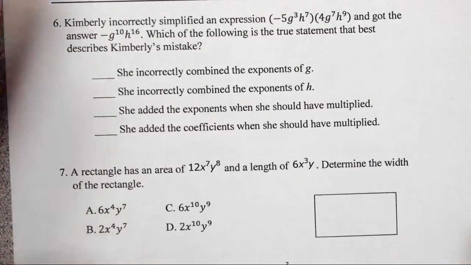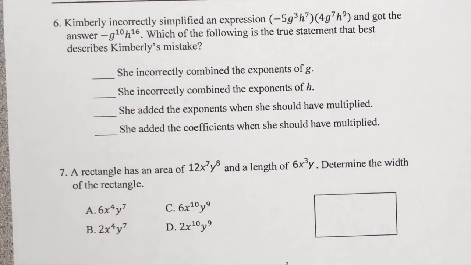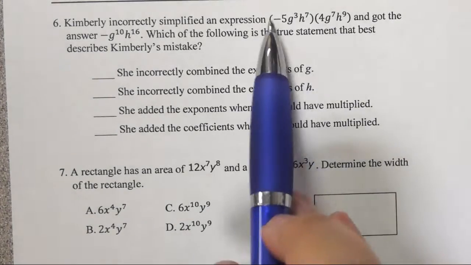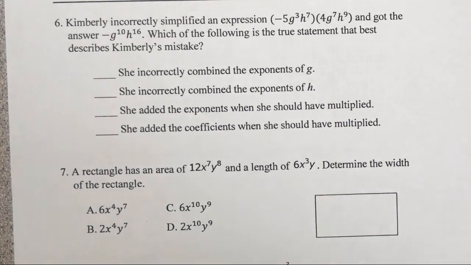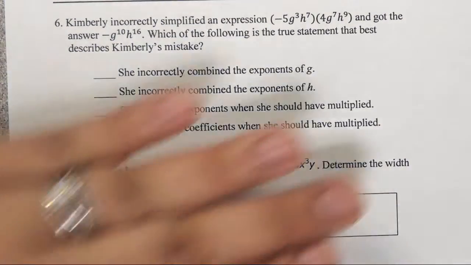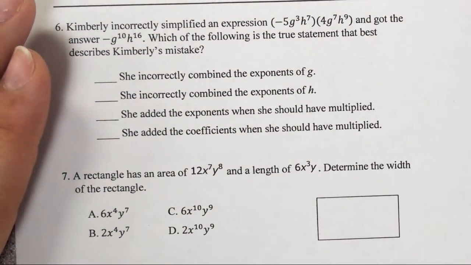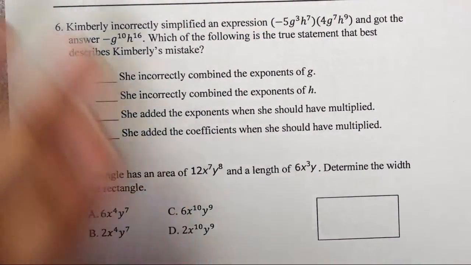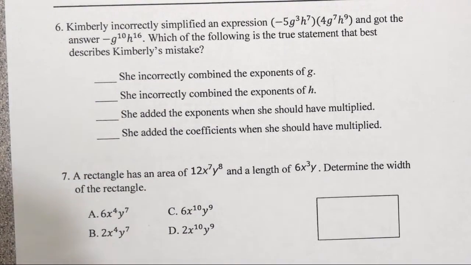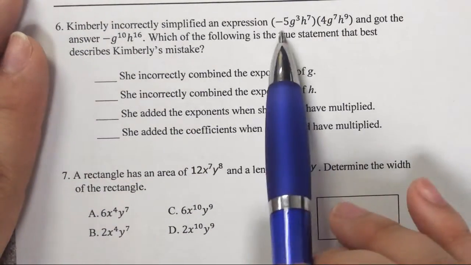Right here, Kimberly incorrectly simplified an expression, and she got the answer negative g to the 10, h to the 16. Which of the following is true? Before I even look at her thing, it tells me she got it wrong, doesn't it? Yes. So, I need to figure out what's the right answer. What's happening here?